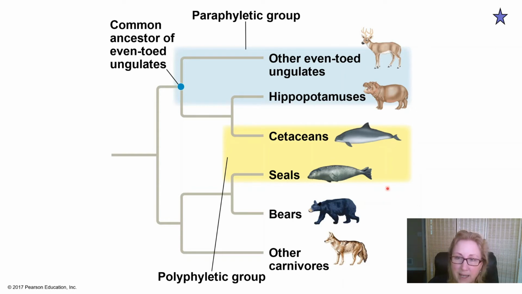They have streamlined bodies and reduced limbs, and they swim similarly in the water. Seals still have hind limbs that they use kind of like the whale's back flipper. The back flipper of a whale here is actually part of their tail. So seals don't use their tail, they use their flippers. The similarities between cetaceans and seals are analogous.